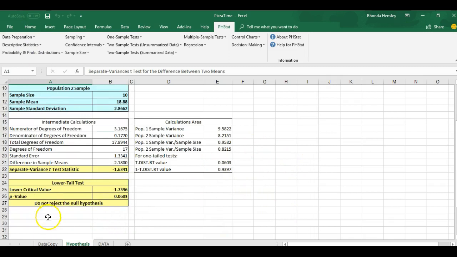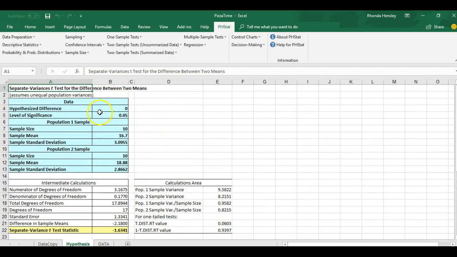But the thing that we, of course, are interested in, number one, there's some information at the top for both of our population samples. So the one from our local restaurant had an average delivery time of 16.7 minutes, the average delivery time for the chain restaurants was 18.88 minutes, which certainly is a different number, but the question is, is it significantly different?